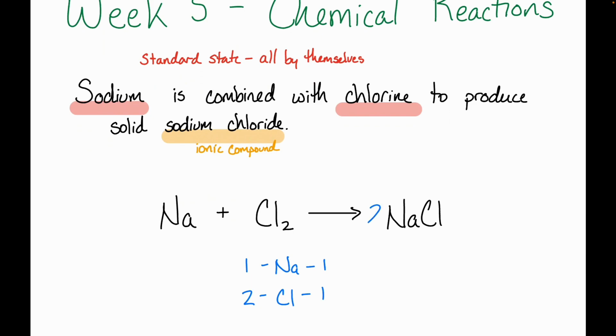So if I put a 2 out front of my sodium chloride, that will balance my chlorines, but now my sodiums are out of balance, so I got to jump back to the reactant side, put a 2 out front there. Okay, so now I have this balanced chemical equation.